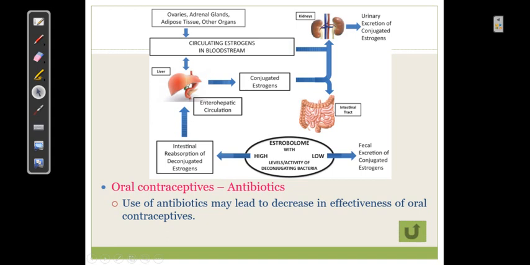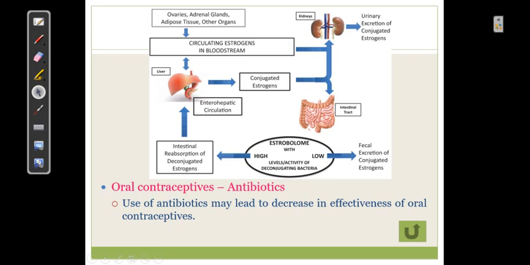In such a case, if this bacterial flora is lost, the intestinal reabsorption of this deconjugated estrogen could be modified, which could affect its contraceptive action.